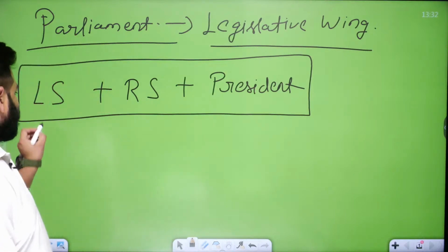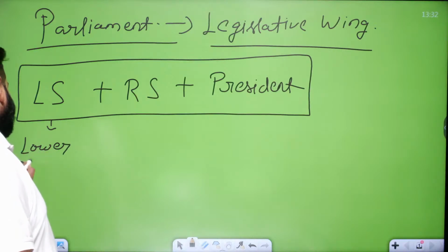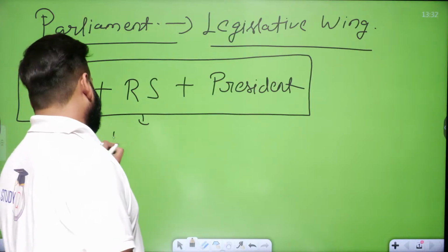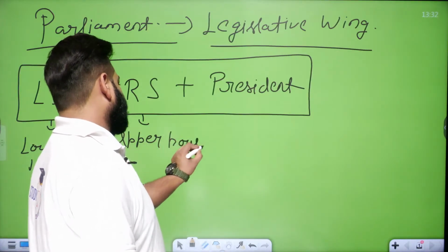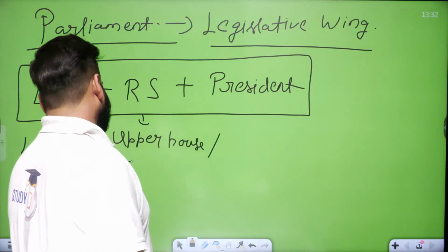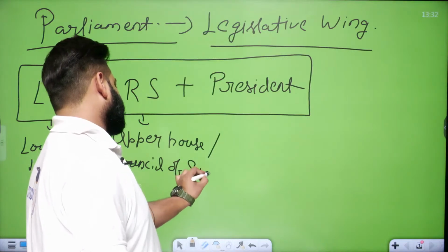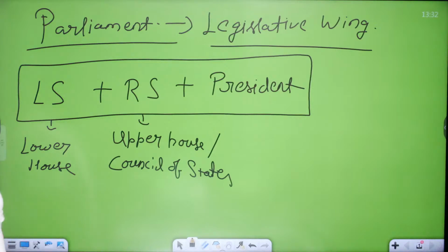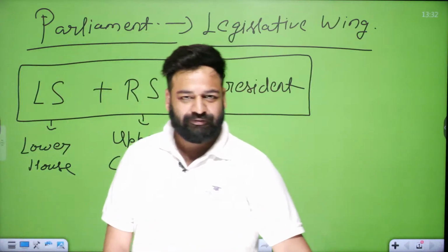Lok Sabha is the lower house. Rajya Sabha is the upper house, also the Council of States. And the president is already there. So these three things combine together and make up our parliament.